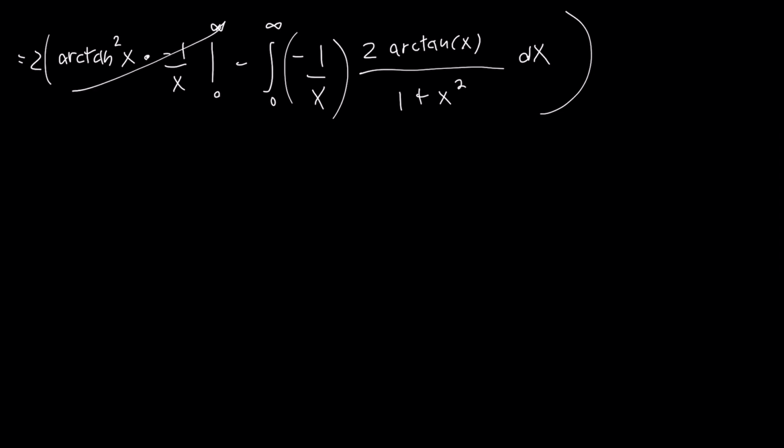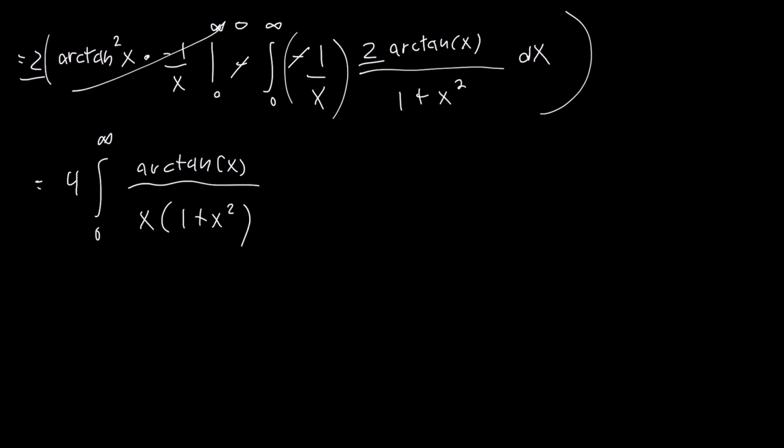And in the limiting case, this will end up being 0. These negatives turn to a positive, and 2 times 2 is 4. So we have 4 times the integral from 0 to infinity of the arctangent of x over x times 1 plus x squared dx.